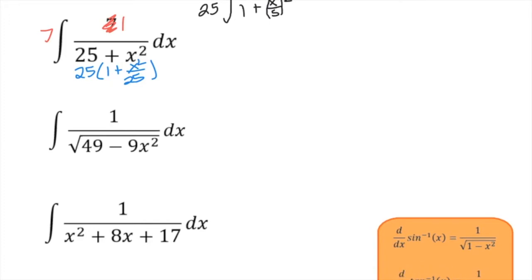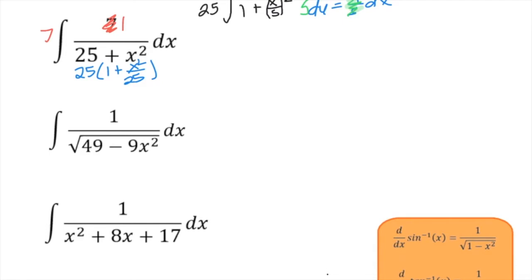Now I'm going to use the old-fashioned substitution. I'm going to say u is equal to x over 5, or 1/5 x. So the derivative is just 1/5 dx. If I multiplied both sides by 5, I'd have 5 du equals dx, and then I could do that substitution.